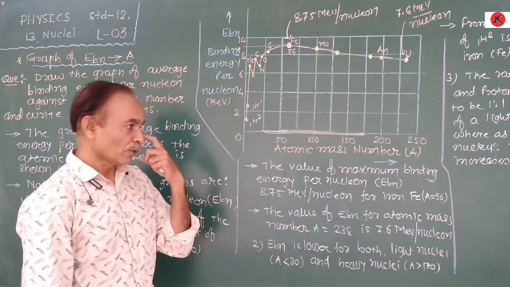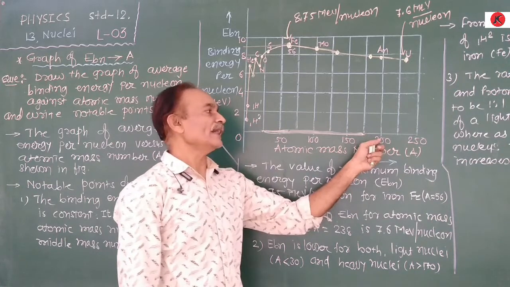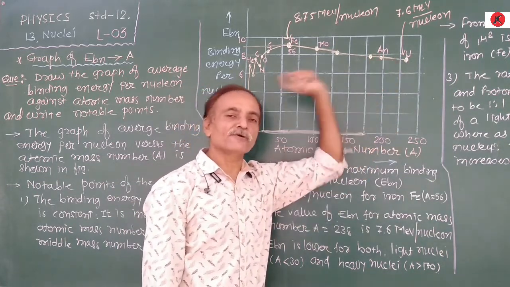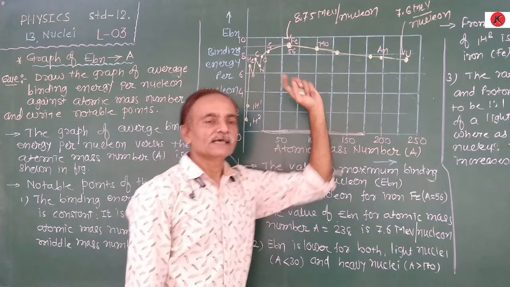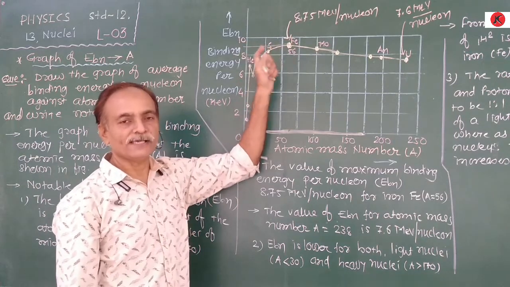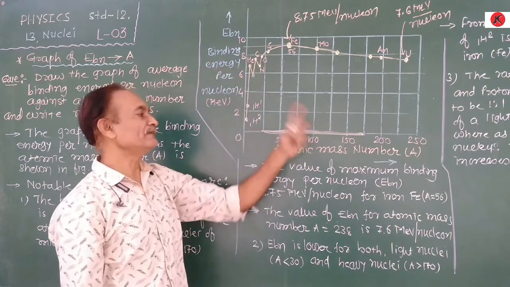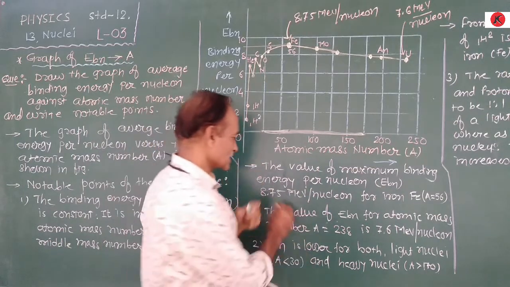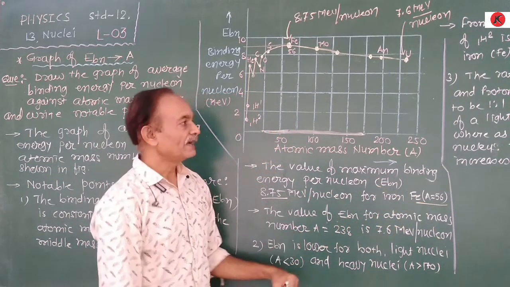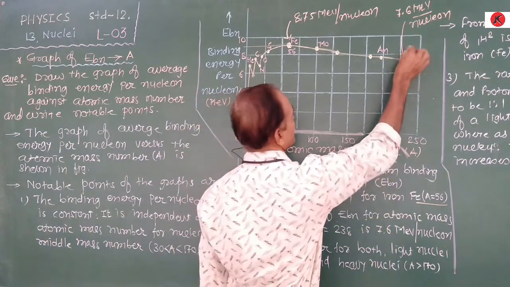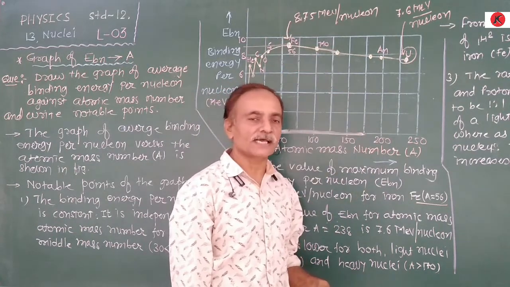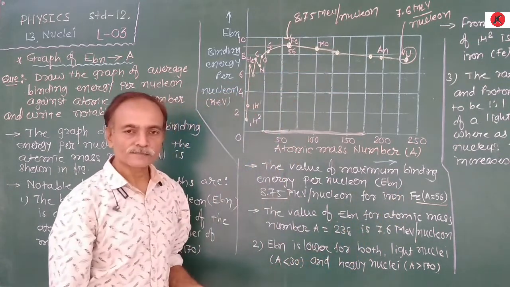It means for heavy nuclei, the binding energy per nucleon is also less. The maximum value of binding energy per nucleon is for the iron atom, Fe, having atomic mass number 56, while for the heavy nucleus having atomic mass number 238, the binding energy per nucleon is only 7.6 MeV per nucleon.